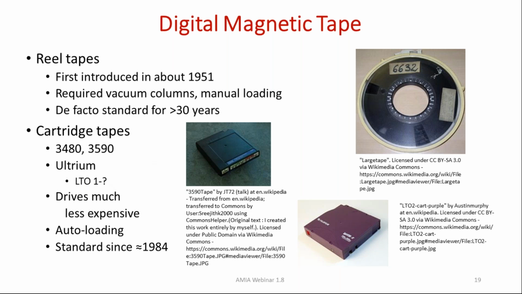They are only in the range of $2,000 to $10,000 for the drives. The cartridges are in the range of $30 to $50, so they're very reasonably priced. They're auto-loading, so you can put them in libraries and be picked by a picker and loaded up and so forth. And that's been the standard. Cartridge tapes have been the standard since about 1984.